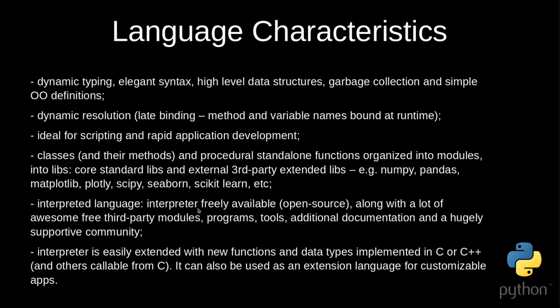The interpreter is freely available along with a lot of awesome third-party modules, programs, tools, additional documentation, and a hugely supportive community. The interpreter is easily extended with new functions and data types implemented in C and C++.